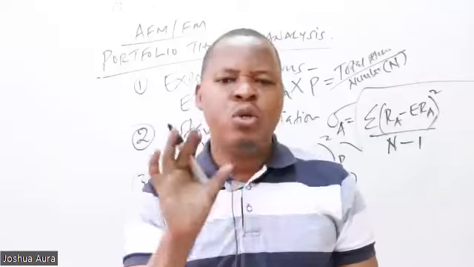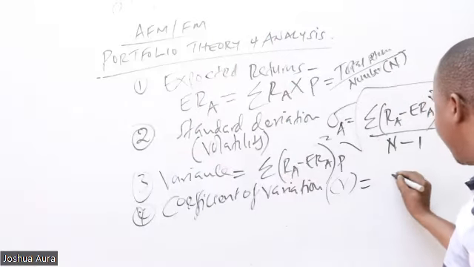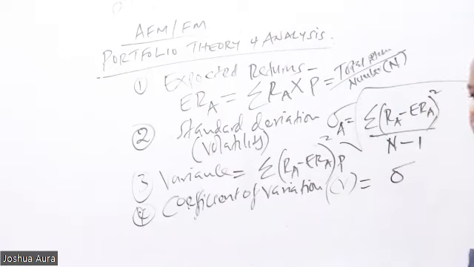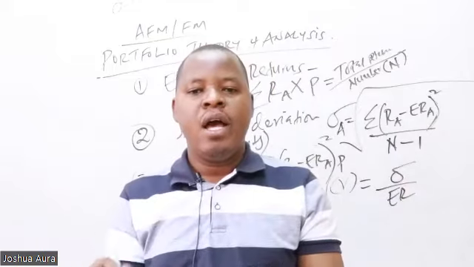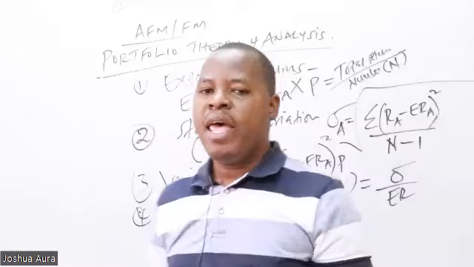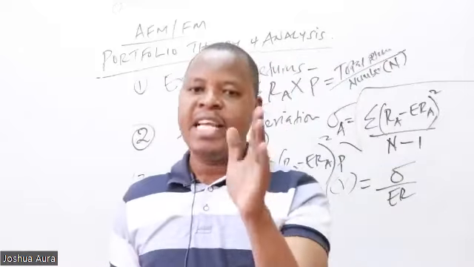You should not go into the exam room without knowing this. So this one, we take standard deviation and we divide by expected returns. This is item number 4.